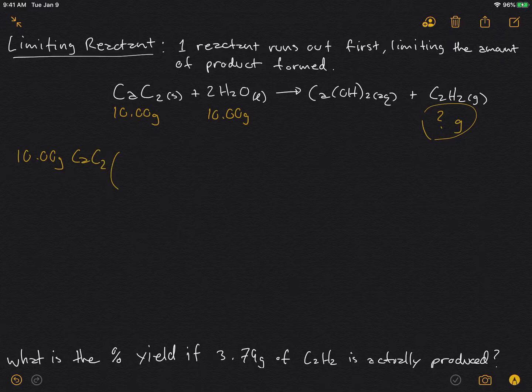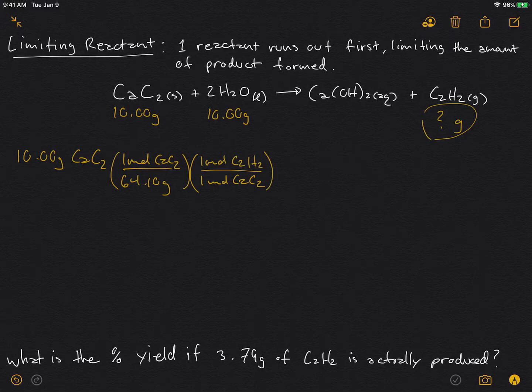Convert that to moles, divide by its molar mass, which is 64.1 grams. That's 1 mole of calcium carbide. And here's where we do our stoichiometry step, the mole-to-mole ratio. So we cancel out moles of calcium carbide and we're converting to moles of acetylene, and it's a 1-to-1 ratio from the balanced equation.